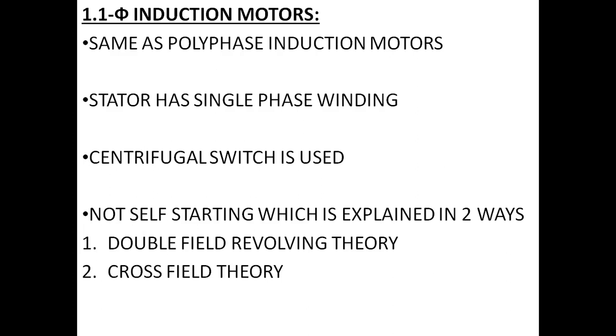Now an alternating or pulsating flux acts on the stationary squirrel cage rotor, so this cannot produce any rotation in the rotor. This single phase flux, revolving in the stator without synchronous speed, will cut the rotor, but it does not produce any EMF because there are no two speeds, only a single speed.